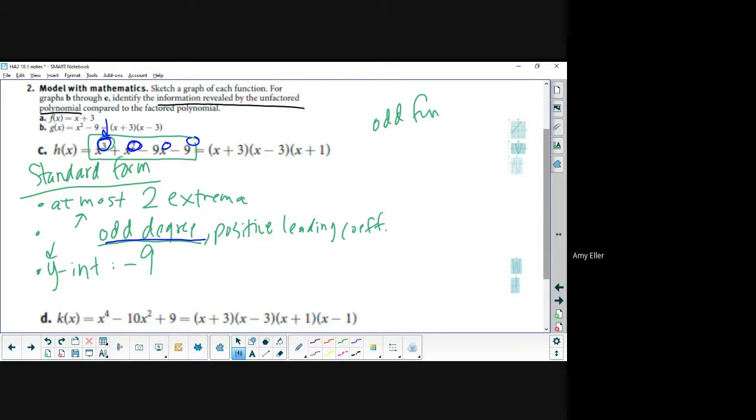All exponents, I should say, are odd. Symmetry about the origin. Odd function. Every exponent is odd. If that happens, symmetry about the origin.